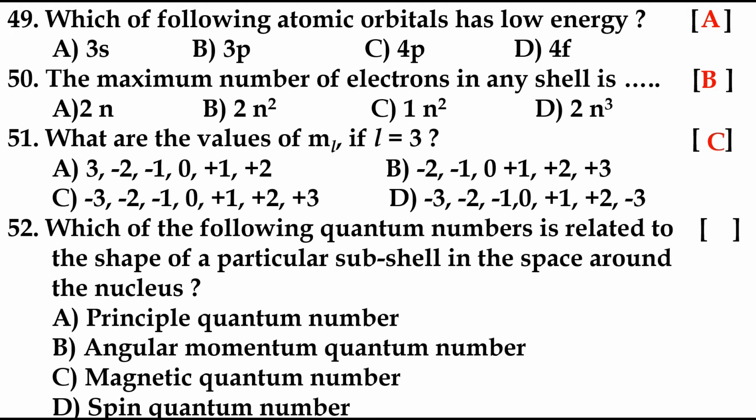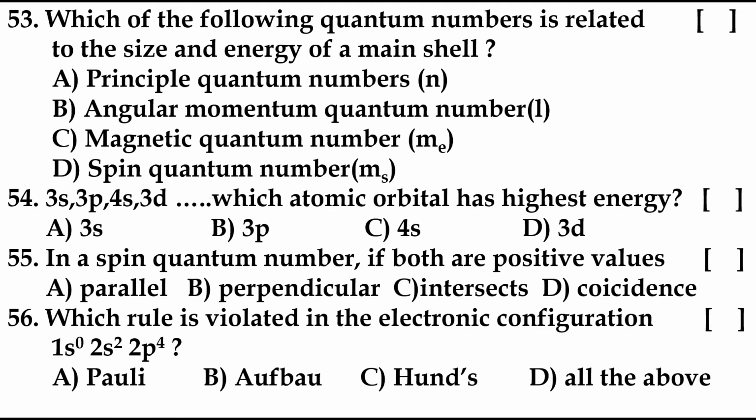52. Which of the following quantum numbers is related to the shape of a particular subshell in the space around the nucleus? A. Principal quantum number, B. Angular momentum quantum number, C. Magnetic quantum number, D. Spin quantum number. Answer is option B, angular momentum quantum number. 53.